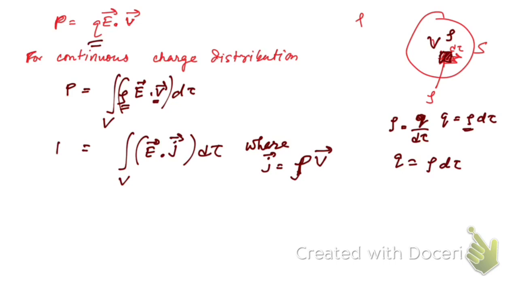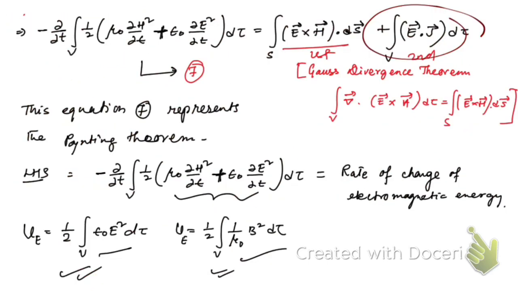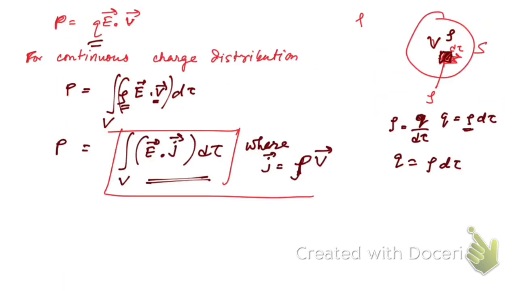So this is the power, and this is the second term on the right hand side of equation number 7. Hope you have understood the meaning of each and every term in this equation, right?